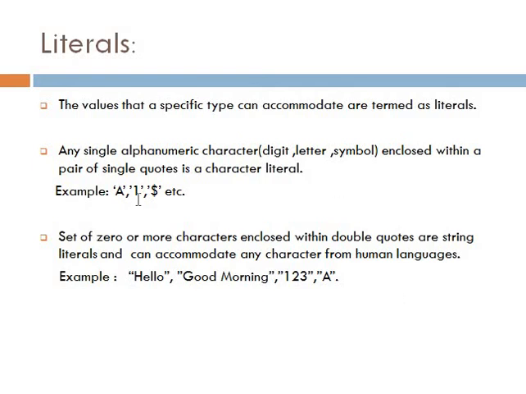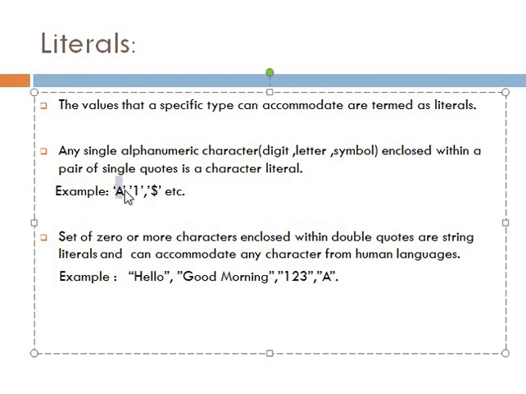And another point, you need to note that the characters are always single. That's why you can see here that the letter A is single, the digit 1 is single, the symbol $ is single. But strings can be single, such as this A, but they can also comprise a group of characters such as this 1 2 3. This comprises 3 characters, where 1 is the first character, 2 is the second character, and 3 is the third character.